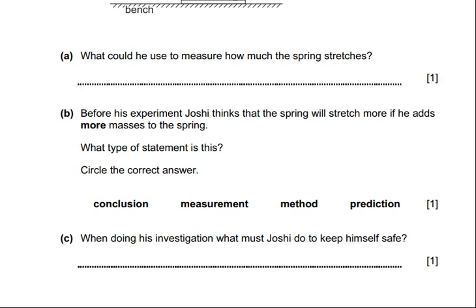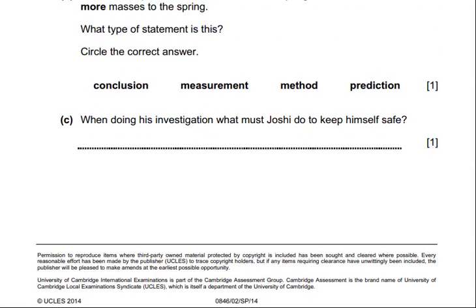If you have these words, then this means that the statement is a prediction. So we have the word in the sentence, Joshi thinks. So this word tells you that this is prediction. You just circle prediction.